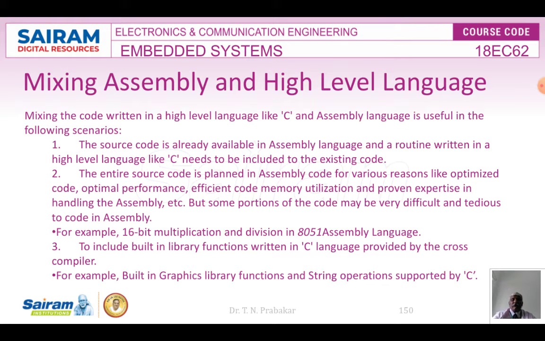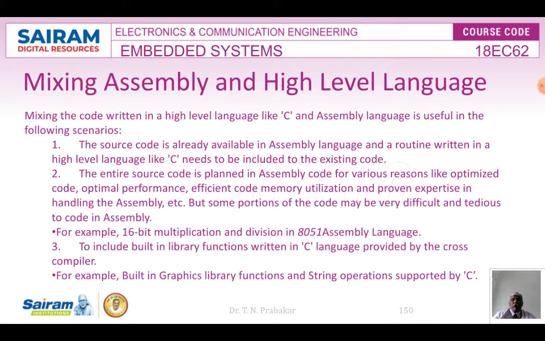The entire source code is planned in assembly code for various reasons like optimized code, optimal performance, efficient code, and proven expertise in handling assembly. But some portions of the code may be very difficult and tedious. In that case, those sections will be written in C program, and that can be embedded into it. For example, a 16-bit multiplication using the 8051.